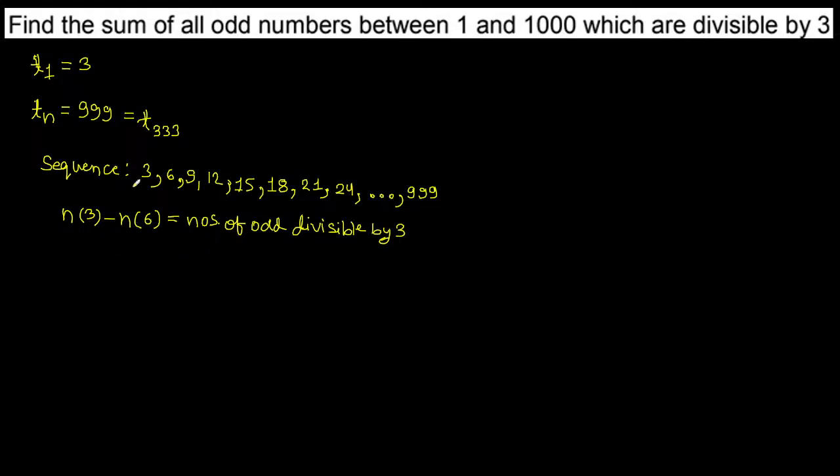So 6 is what? If numbers divisible by 6 are there: 6, 12, 18, 24, dot, dot, dot.